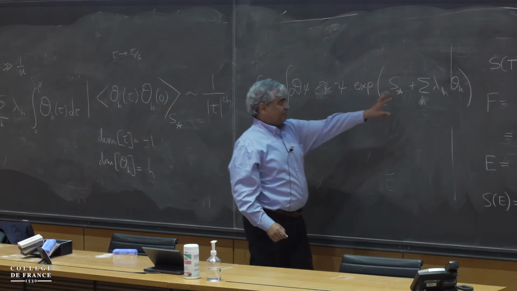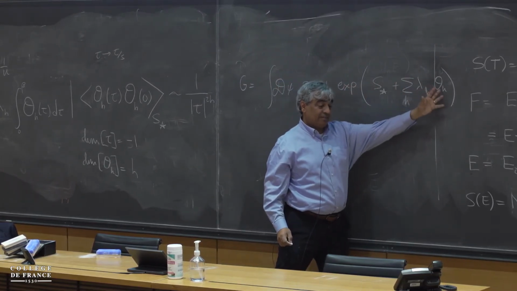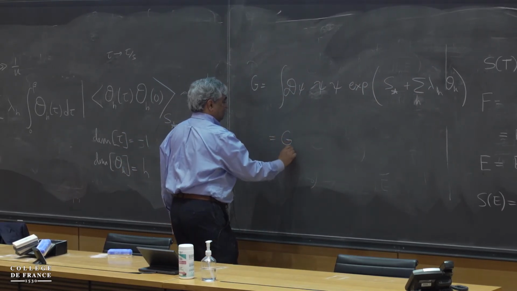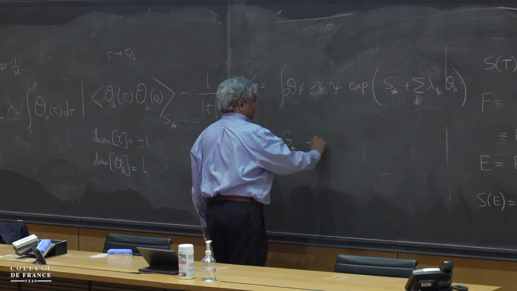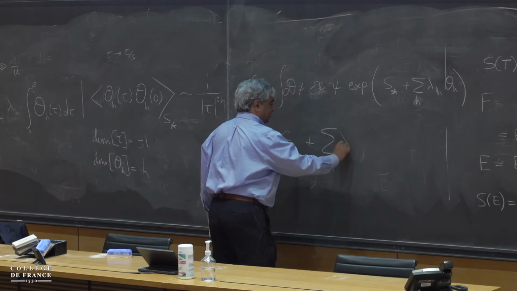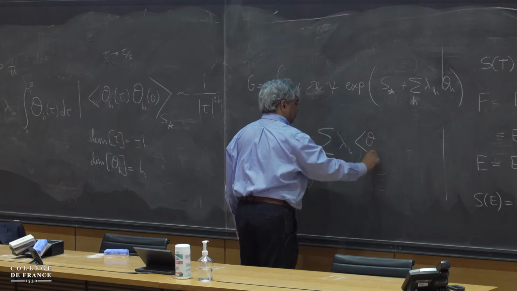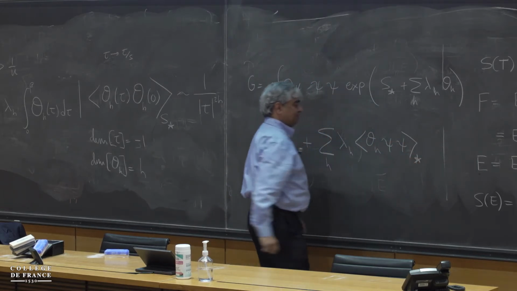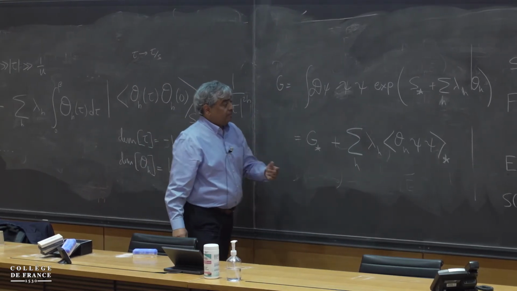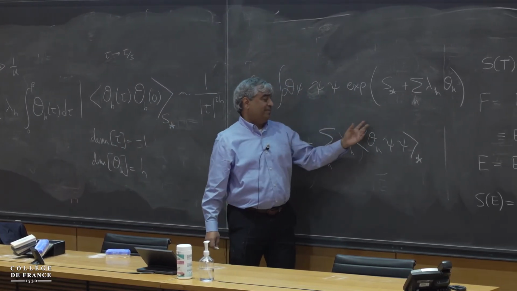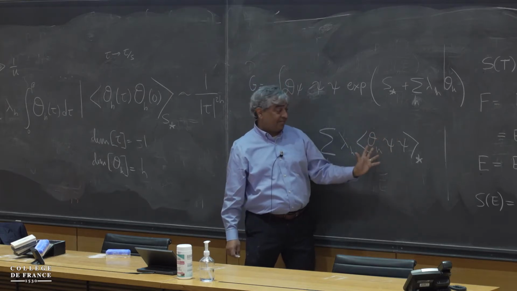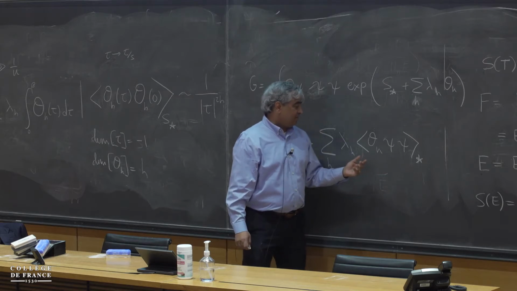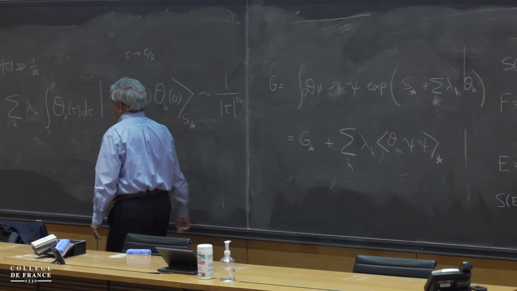So if I drop this, I'm now just going to expand the right-hand side in powers of lambda h. So this will give me G star plus, again, very schematically, the sum over h of lambda h times the 3-point correlator of O_h psi psi in the fixed point theory. Now this, in general, is complicated to evaluate, but we can figure out what power of tau it's going to give me in this expansion.